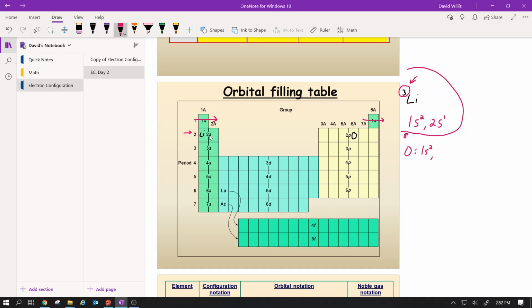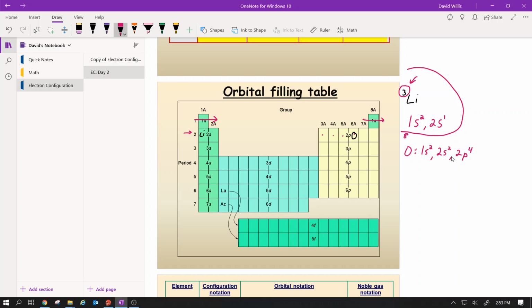Next, I've got the 2s orbital, which can hold 2. Now, what did the second energy level have that the first energy level didn't? It has a p sublevel. And so that is where we're going to continue adding electrons next. So 2p, 1, 2, 3, 4 is all that I need to add in there.